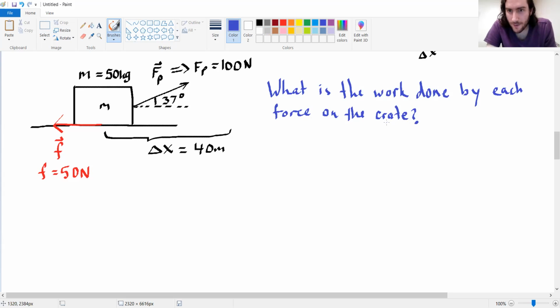Okay, and that is part A. Part B is, what is the net work done on the box? What is the net work?